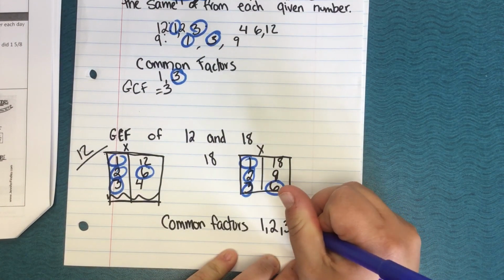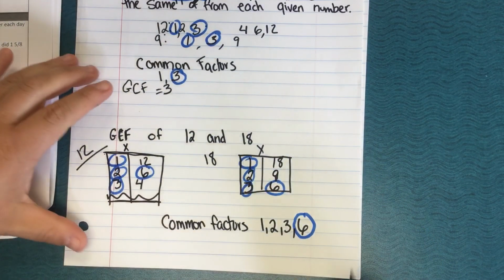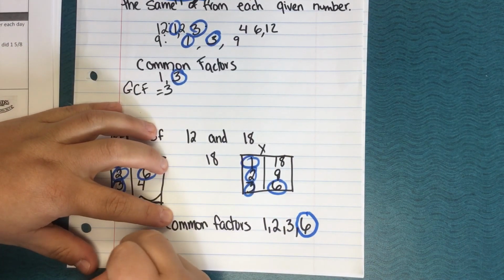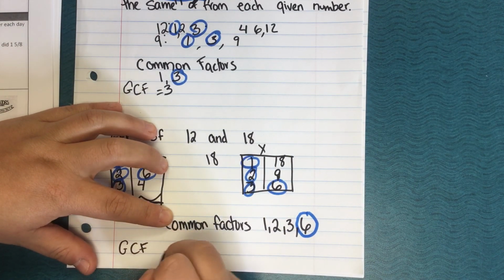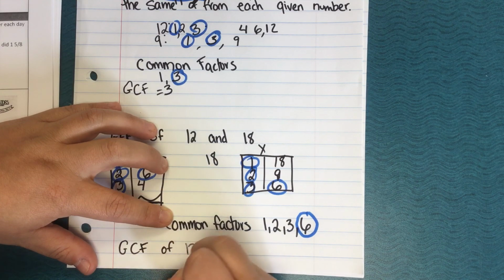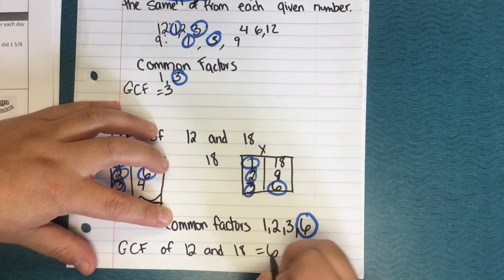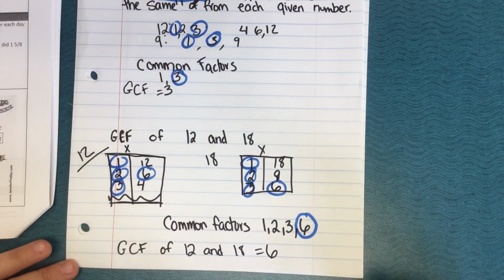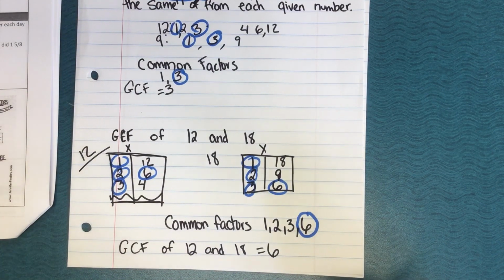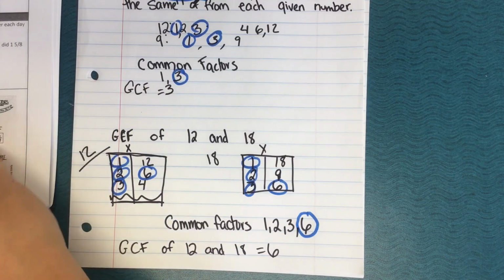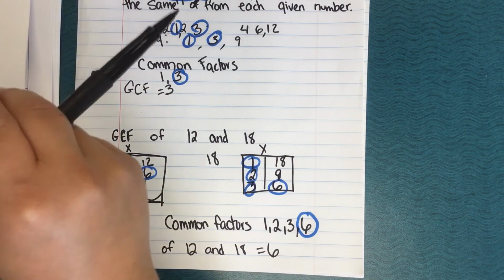So my GCF for 12 and 18 equals 6, because it is the largest number that both numbers have in common as a factor.